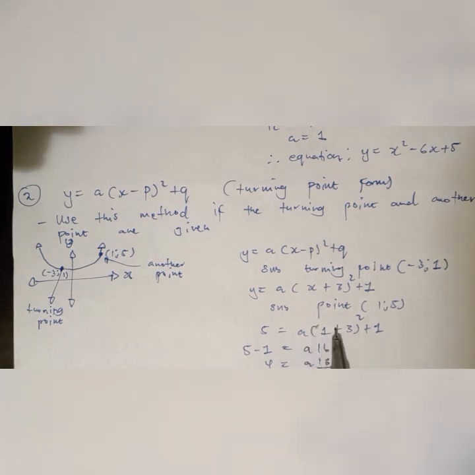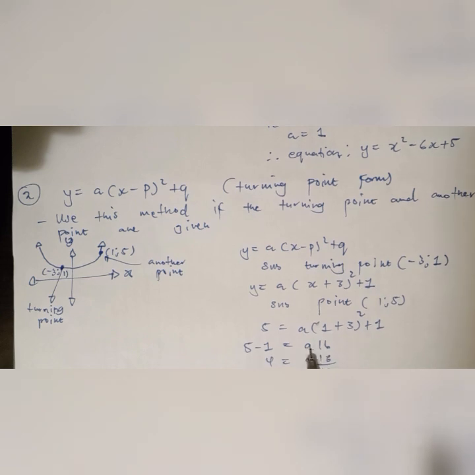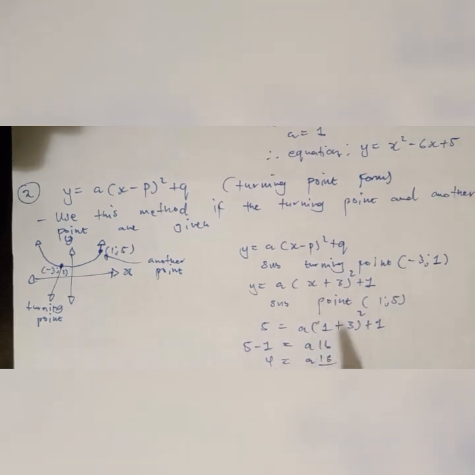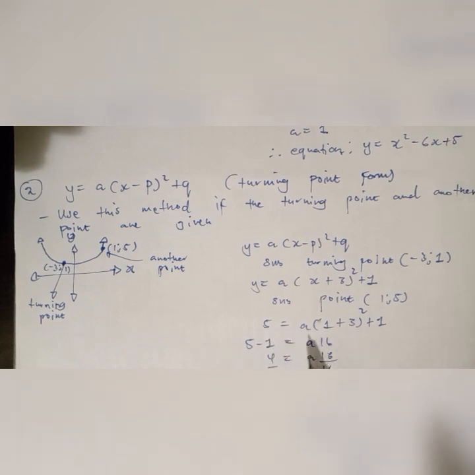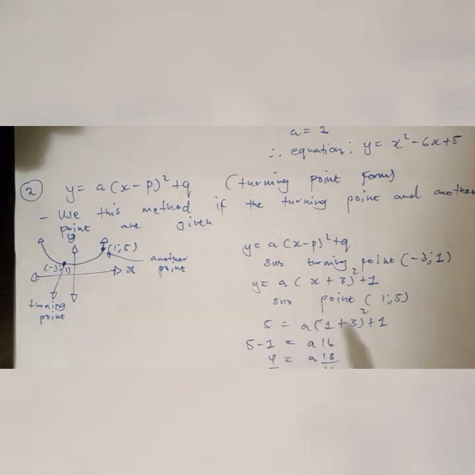Then we will have 5 is equal to a times (1 plus 3) squared plus 1. And then you simplify, and you'll be left with 16a. When you take the 1 to the other side, it will be 5 minus 1 equals 16a.